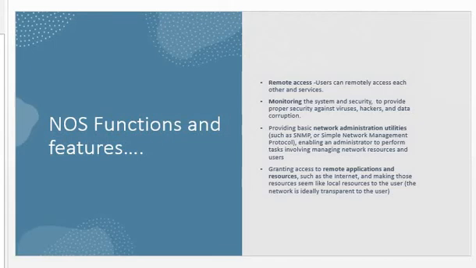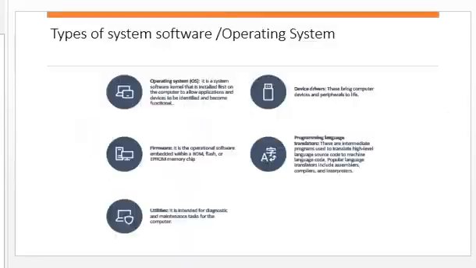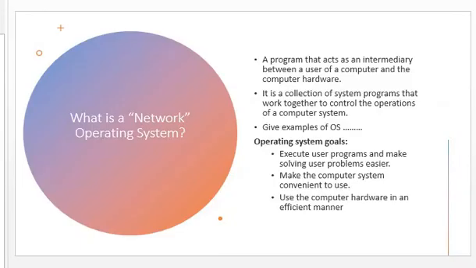So you realize network operating systems have a lot of functions. And some of these functions that we've talked about here are also executed by the operating system. So you will note earlier on when I gave the definition of a network operating system, I put the word network in quotes, and I did this deliberately.